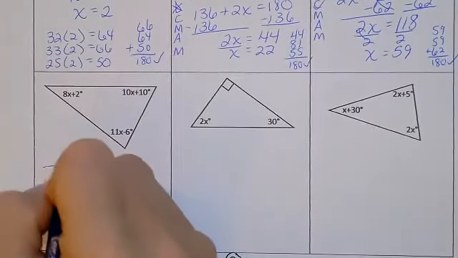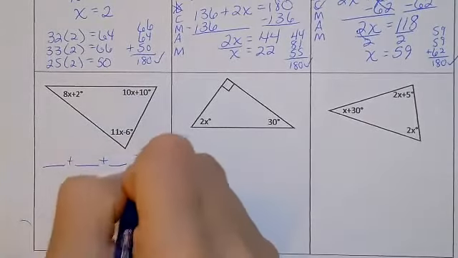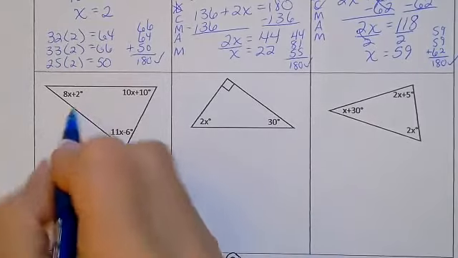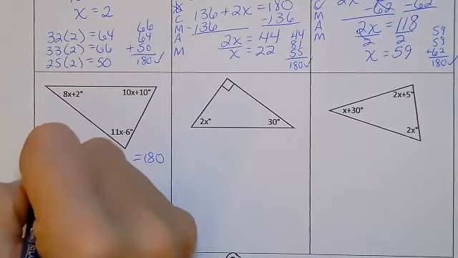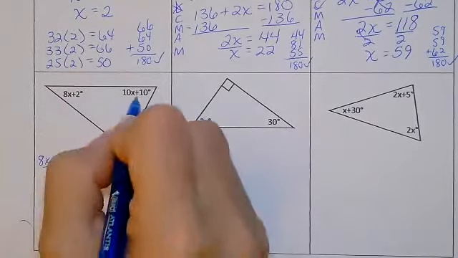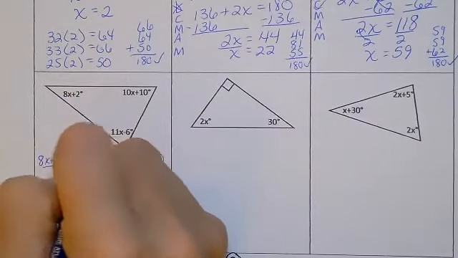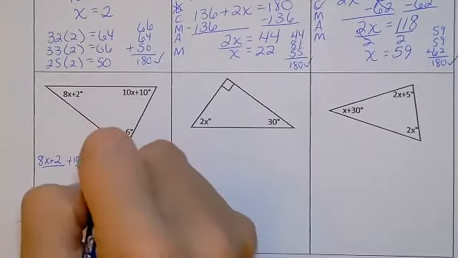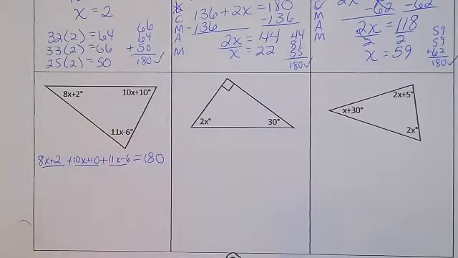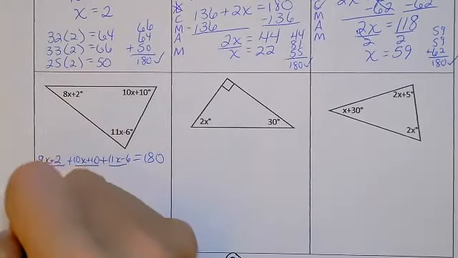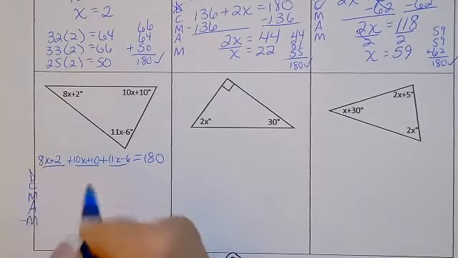And I add these 3 together. And I know they equal 180. So 8x plus 2, 10x plus 10, and 11x minus 6. Okay, don't call me after midnight.